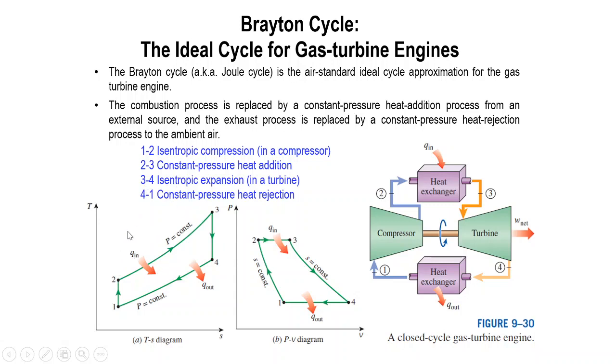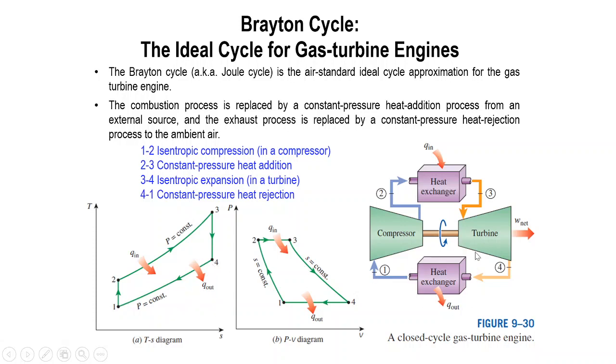Heat is being injected here, process 2 to 3. Process 3 to 4 is an isentropic expansion in the turbine. This is where the turbine process takes place. Okay. So the last will be the constant pressure heat rejection. From 4 to 1, to complete the cycle, heat will be rejected.